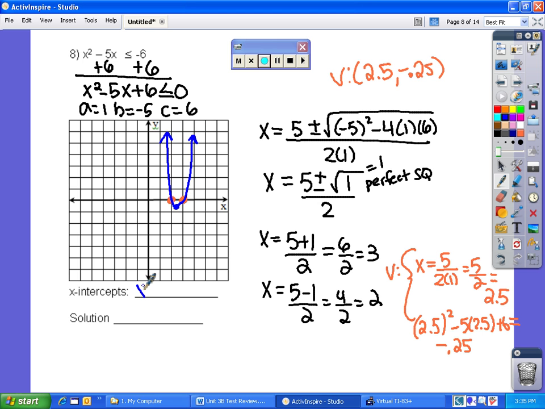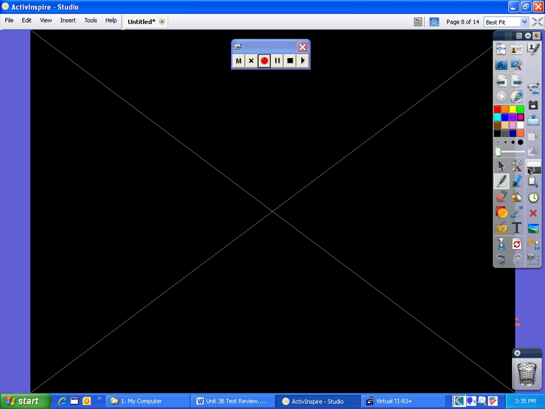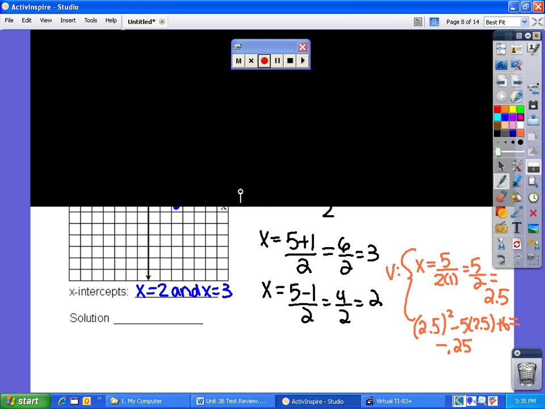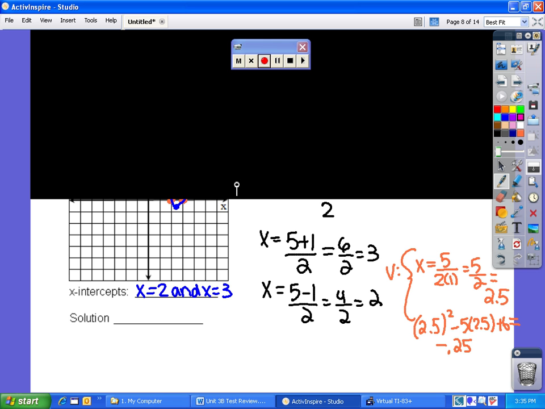So our intercepts are 2 and 3. And our solution means that we're only looking at the less than 0. So that's below. The below area is not very big at all. It's just this little section here, so we're only looking inside this area. Well, after we leave 2, it goes to the right. Right is greater than.